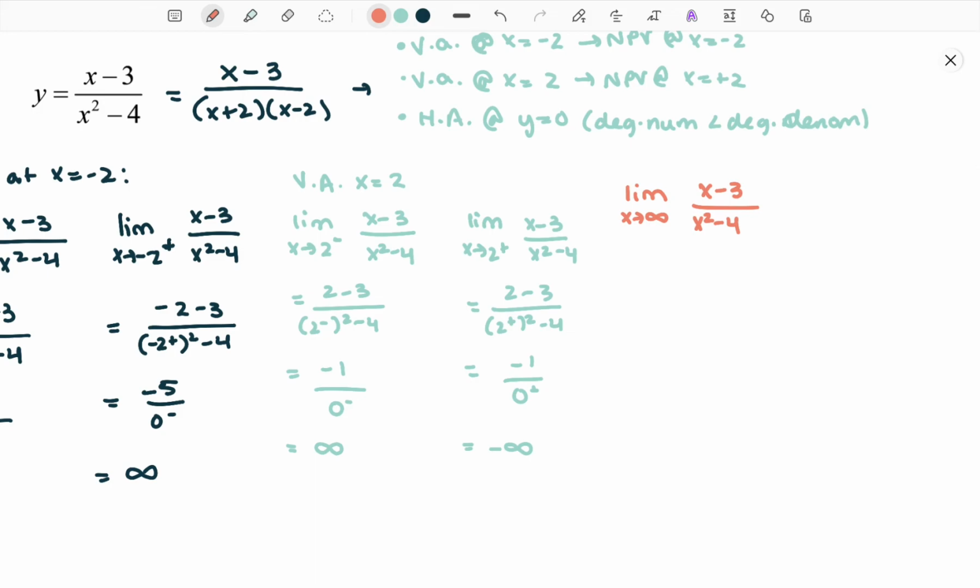Because I don't know about that indeterminate form. So I factor out the largest power of my denominator. So I'm going to factor out an x squared. It's going to give me a 1 minus 4 over x squared. I'm also going to factor an x squared out of the top because I want it to cancel out completely. I know I don't have an x squared on the top, but it's going to give me a 1 over x minus 3 over x squared.